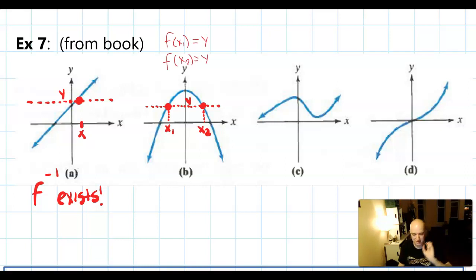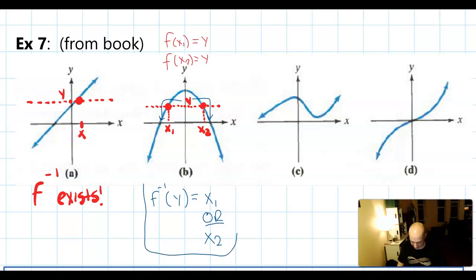But, and here's the big difference, and this is why we have the horizontal line test. If I did have an inverse, and I said, okay, what's f inverse of y? Well, that would be saying, go backwards and tell me what x I started with. And I can't do it. It's either x1 or x2.